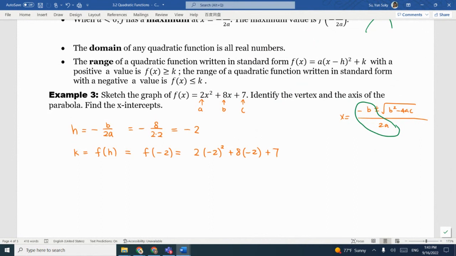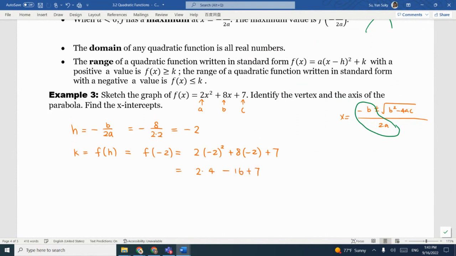So far, so good, everybody? Okay, and then we got 2 times negative 2 squared equals 4. And then, what's 2 times 8?